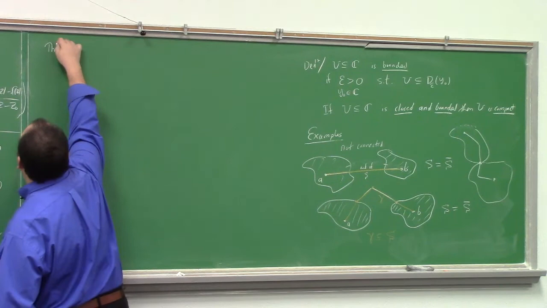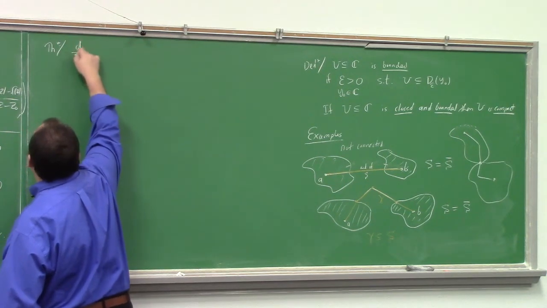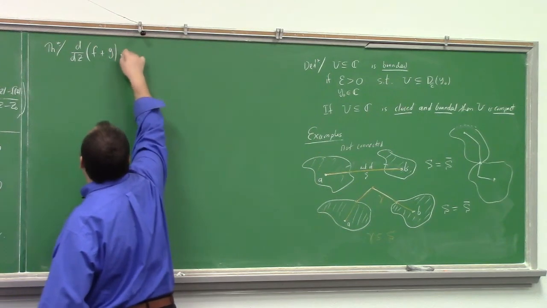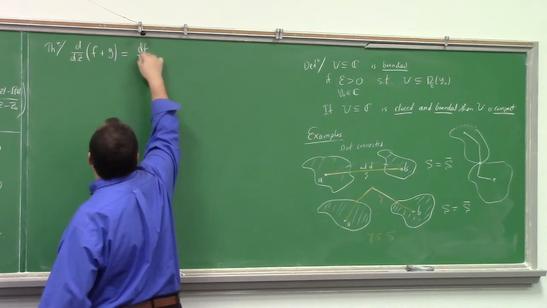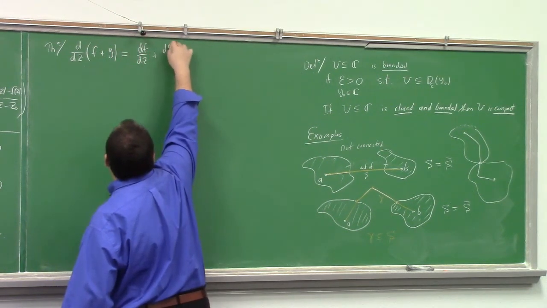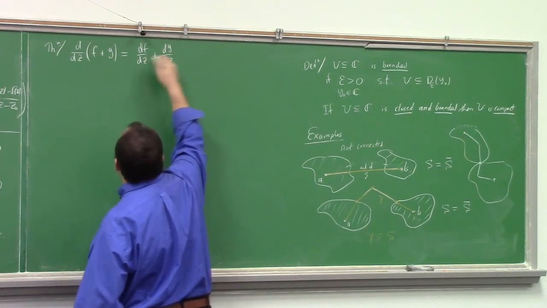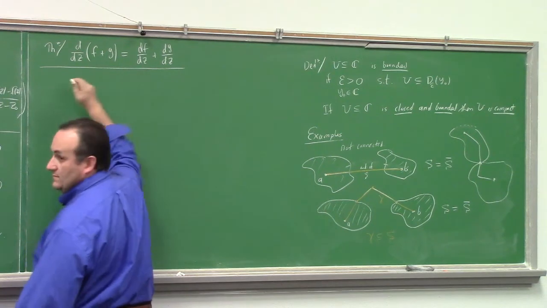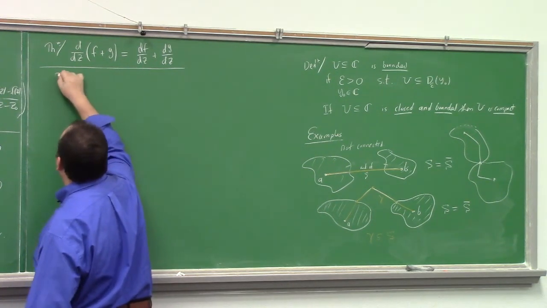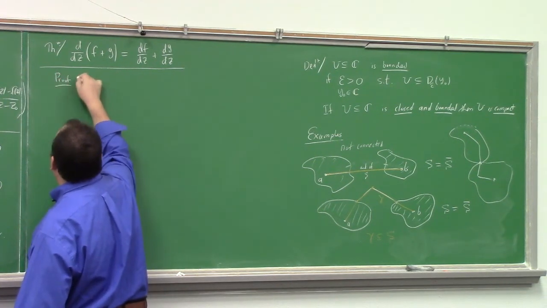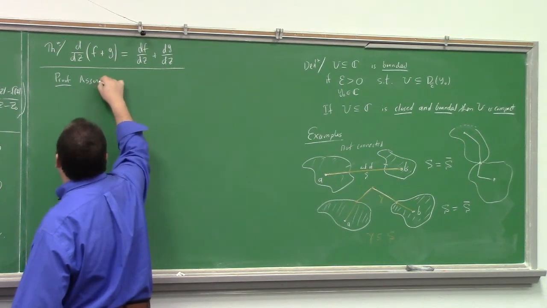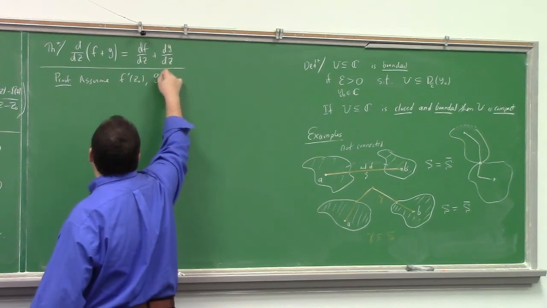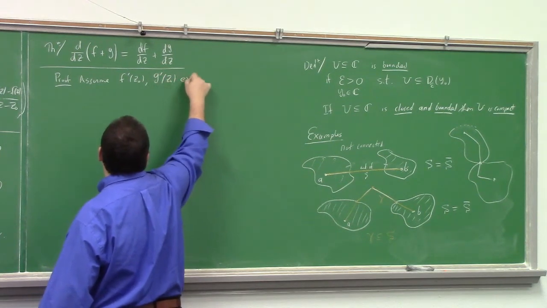Theorem: d/dz of f plus g is df/dz plus dg/dz. We could prove that, assuming of course that f prime of z naught and g prime of z naught exist.